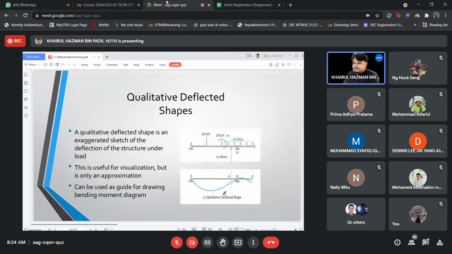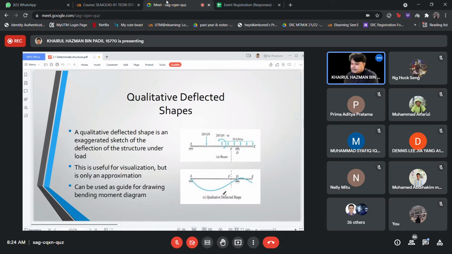Okay, a qualitative deflected shape is an exaggerated sketch of the deflection of the structure under the load. This is useful for visualization, but it's only an approximation, so it can be used as a guide for drawing the bending moment diagram.